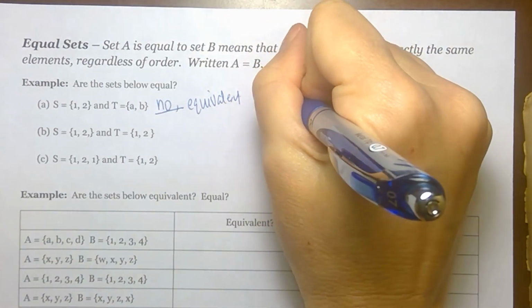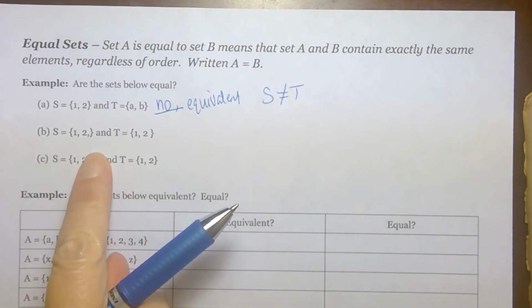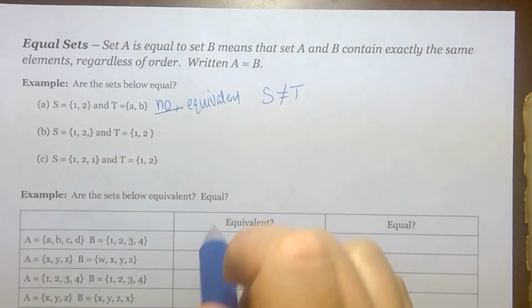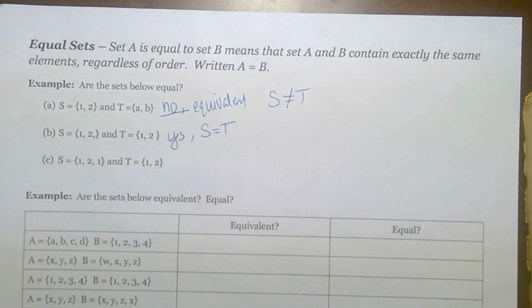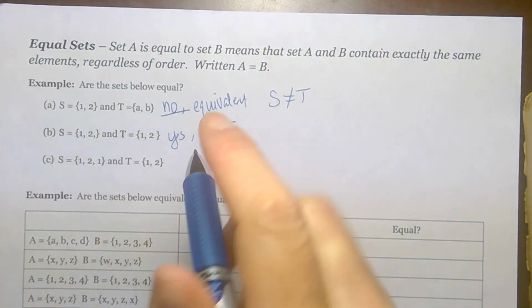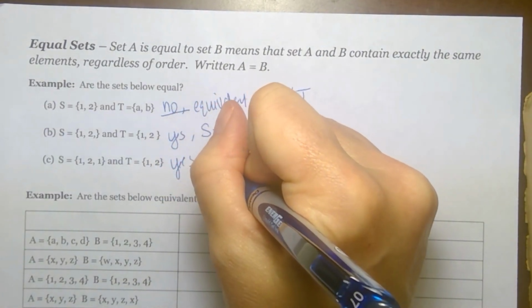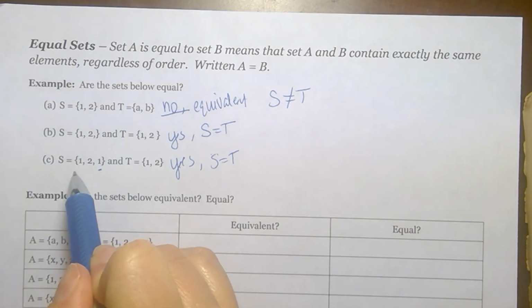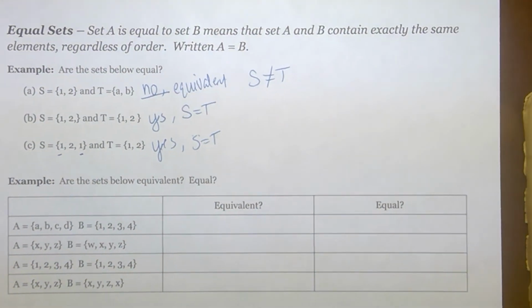I could say set S does not equal set T. What about on the second option for B? Yes, these are equal sets. C? Yes, these are also equal sets because, again, not distinct elements. So they would have the same cardinal number.